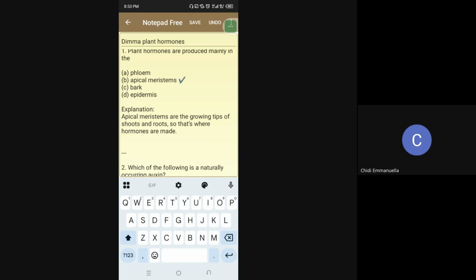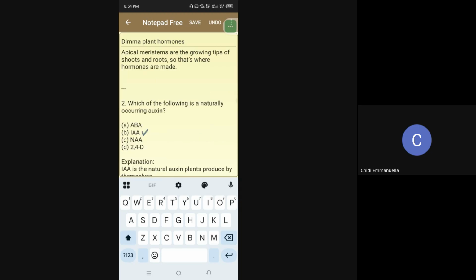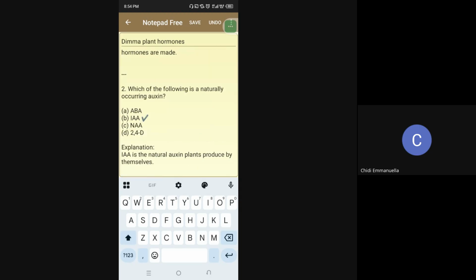All right, number one. Plant hormones are produced mainly in, and the answer is what? Apical meristems. I told you right from the onset. Apical meristems are the growing tips of shoots and roots, so that's where hormones are made. You get it? Yes, sir. Number two, which of the following is a naturally occurring auxin? I told you that it's IAA. What's the full meaning of IAA?